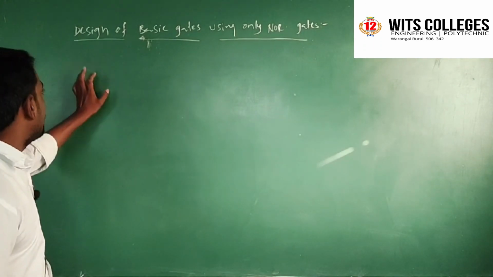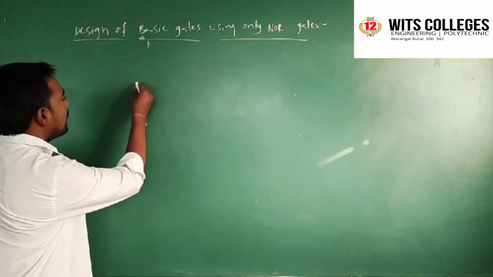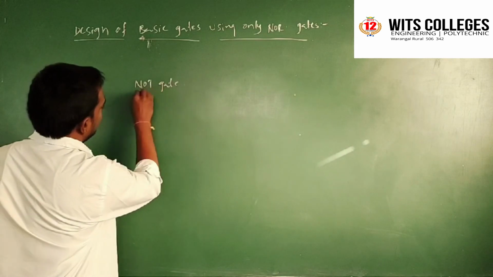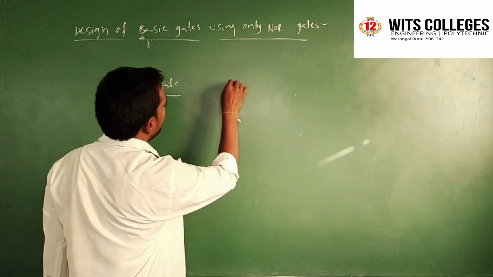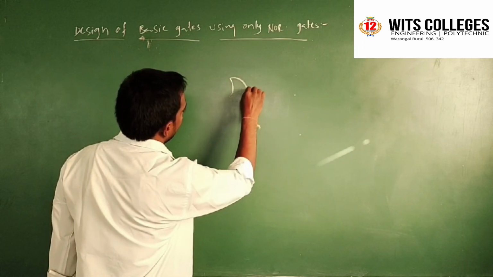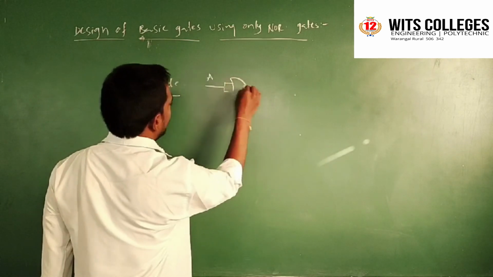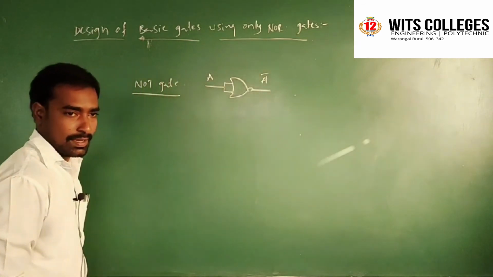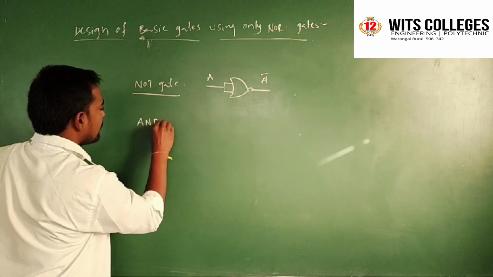Coming to the next one, that is the design of basic gates using only NOR gates. The basic gate that is the NOT gate, and the equivalent NOT gate using NOR gate is as follows: here we are giving the input A, and this gives the complemented output that is equal to A bar. And next we have the AND gate.